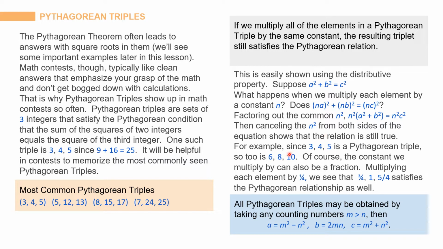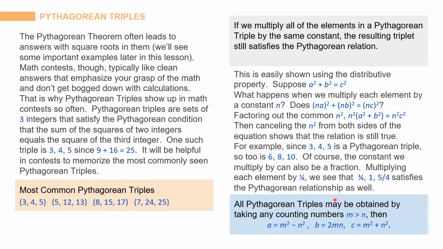As an example, since 3, 4, 5 is a Pythagorean triple, 6, 8, 10 is as well. Of course, the constant we multiply by can also be a fraction. Multiplying each element by 1/4 gives 3/4, 1, and 5/4, which satisfies the Pythagorean relationship.